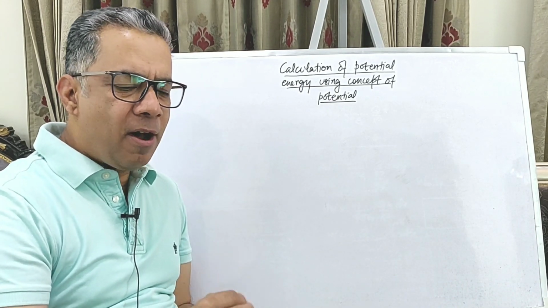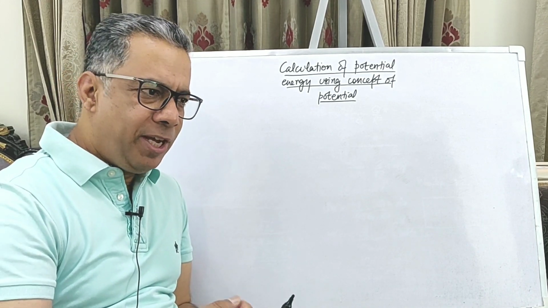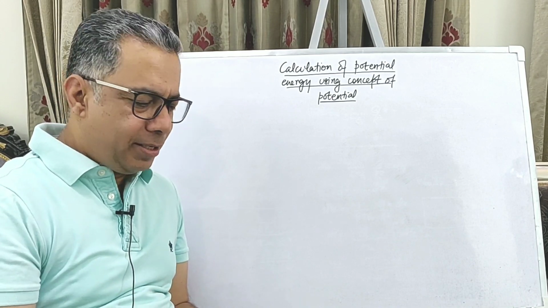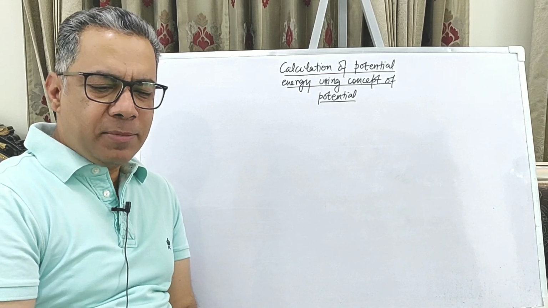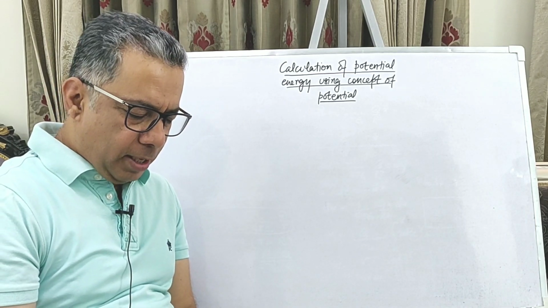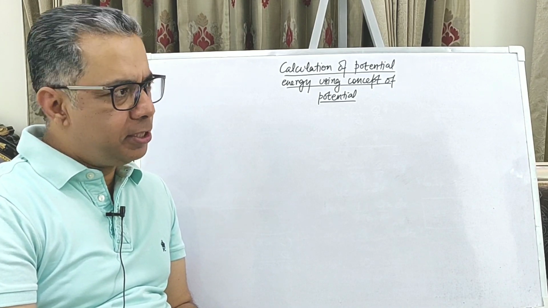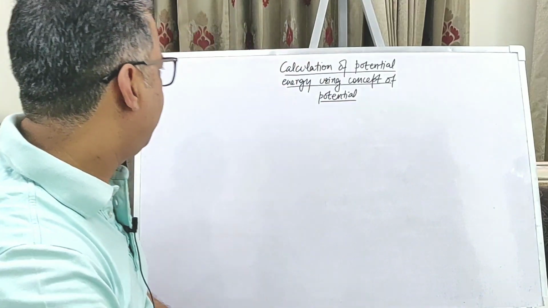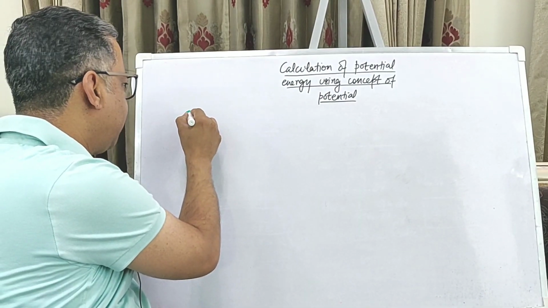Now let's start with something we already know, so that we gain the confidence that this is a correct technique. To start with, we'll use this concept of potential to determine the potential energy of a system of two point charges. Let's say we have 2 point charges.